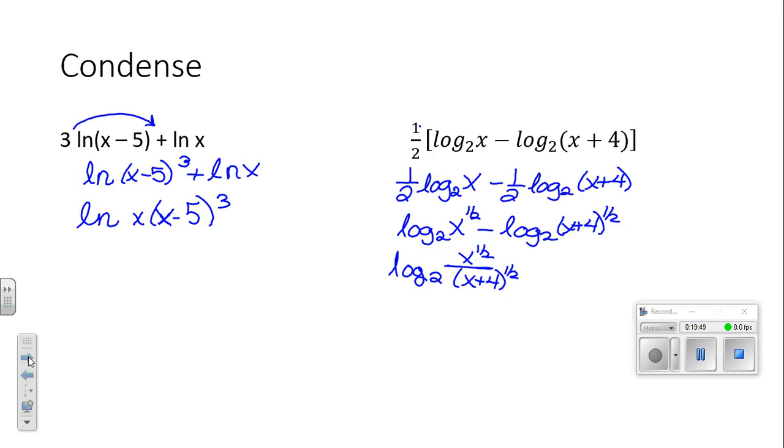And if you want to call them square roots instead, you can. And we're done. Take them in steps. Do one thing at a time. Use one of the properties at a time.